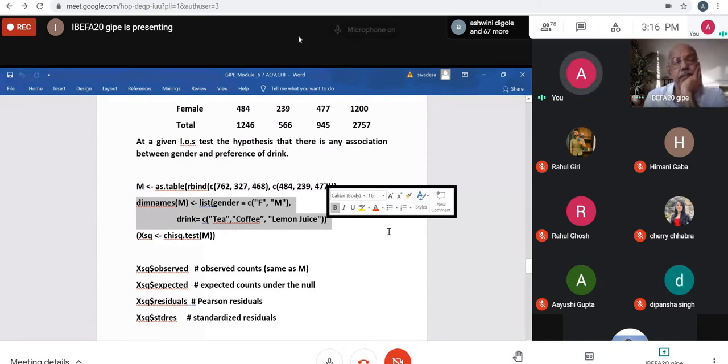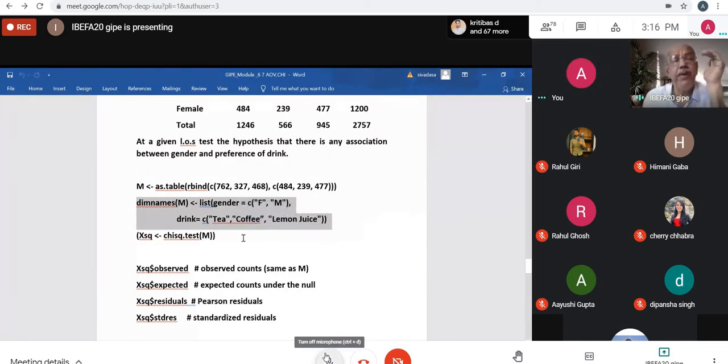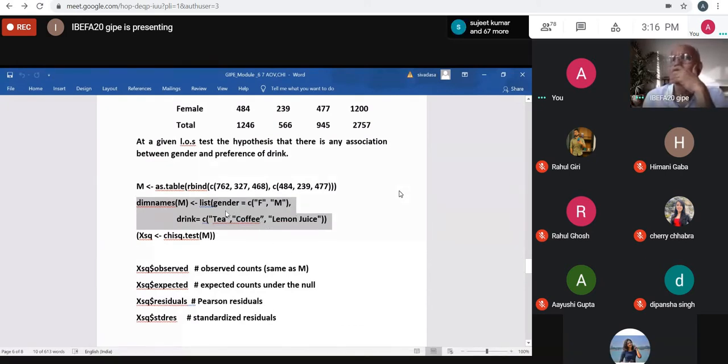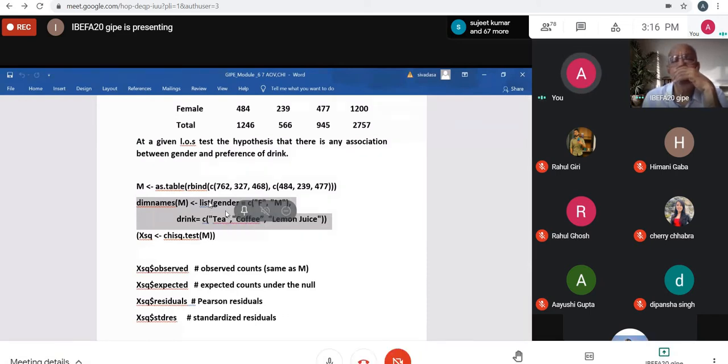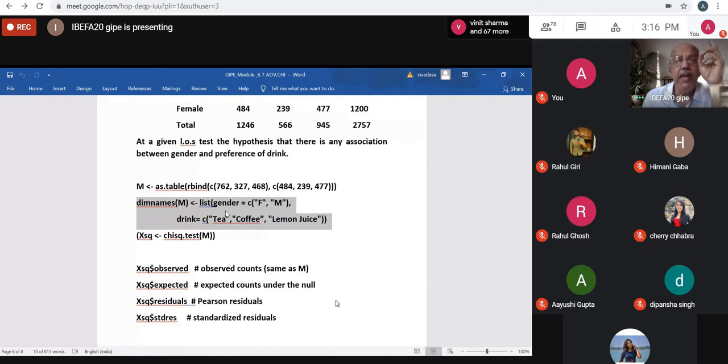Just a question. Had we used C-bind instead of R-bind, would our second... Obviously, why not? Then you give drink and gender in the other order. What will it be column wise, if you prepare the matrix? Columns will be 2. Who are they?